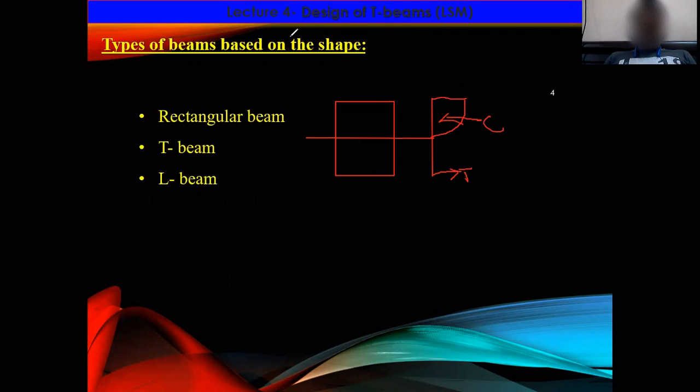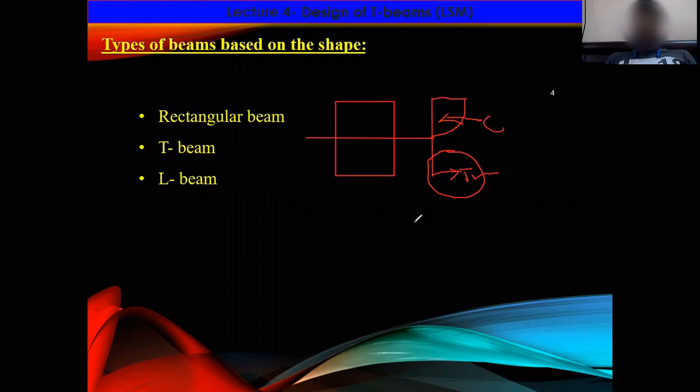But what are the assumptions of the limit state method in the design of rectangular beams or whatever beams? The main assumption in the limit state method, if you read in your code book, is clearly mentioned: in the tension zone, the total tension force is not taken by the concrete, right? Whatever the load is there, the tension force developed in the tension zone is taken by the steel itself.